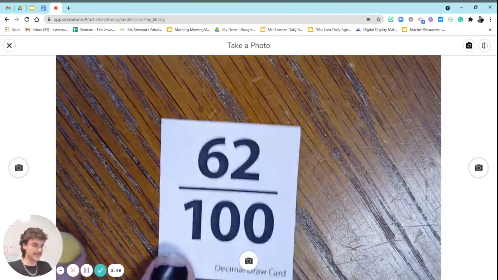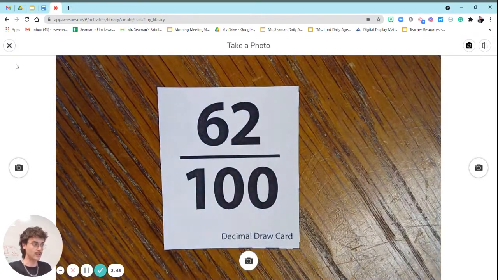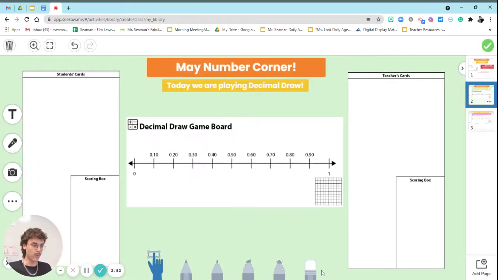So I picked 62 out of 100, 62 hundredths. I have my decimal draw game board here. Now, if you notice, this number line is going from 0 to 1. So that means that we are going to have to place it in between that.